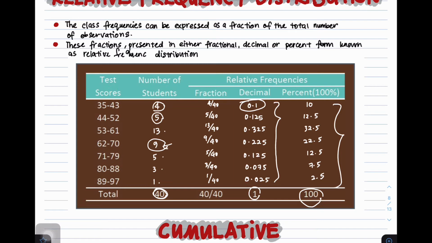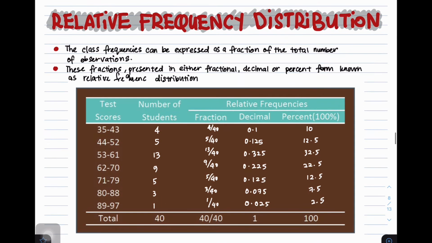So this is what is called a relative frequency distribution, where we represent our frequency in the form of fraction, decimal or percent, or all of them. You can construct your relative frequency distribution table by including the fraction, decimal and also the percentage.